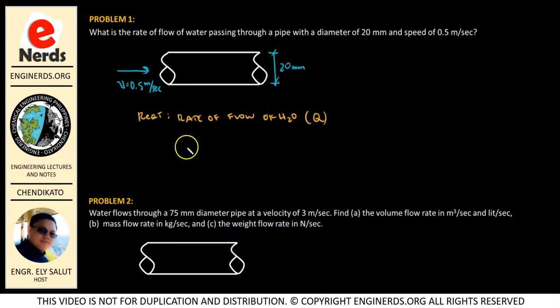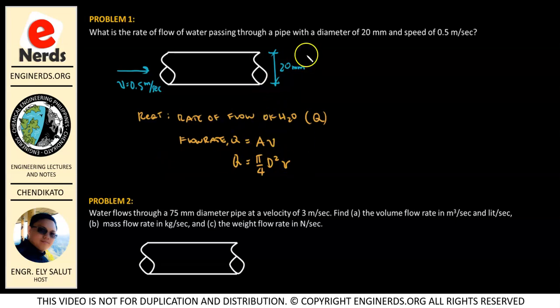So, flow rate Q is equal to the area multiplied to our velocity. So, therefore, our Q is equal to the cross-sectional area of our pipe, which is equal to pi over 4 times d squared. And we are going to multiply that dito sa ating velocity.